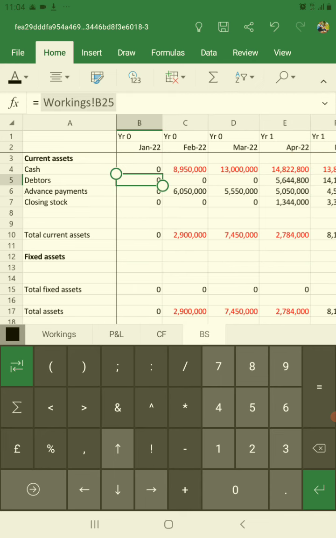So that formula explains that if the cash balance is negative, it should not be picked here, and instead only 0 should be inserted here.